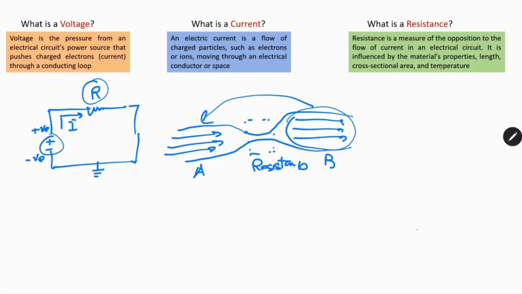For example, let's say this region is made up of high resistive material. That means we have the length, the cross-sectional area, and the temperature. Considering the cross-sectional area, if we say that it is very, very small, what will happen? Imagine a light bulb.